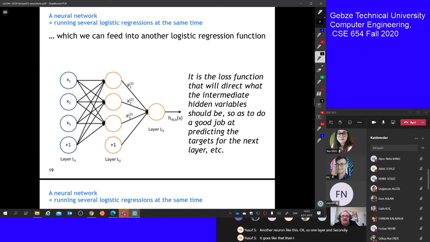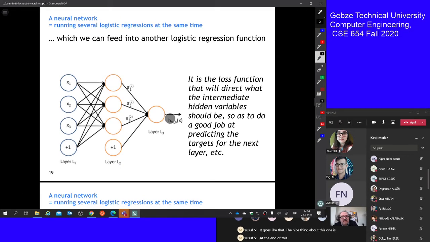The nice thing about this is, at the end of this network, I will add nonlinearity to my classification capabilities. So the result of this classifier is not a linear classifier anymore. I can represent nonlinear decisions with this kind of approach.